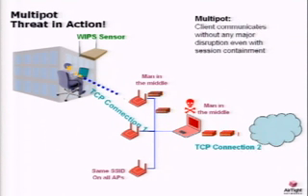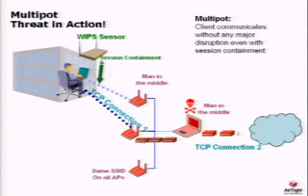However, let us see what happens when a wireless intrusion prevention system launches deauthentication based session containment on this particular session. As we are seeing, the connection between the client and the first AP in the multipot got disrupted. However, the client immediately hops to the second AP and is still able to communicate with the attacker.